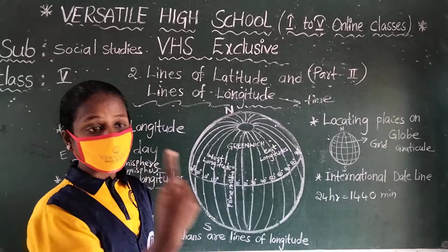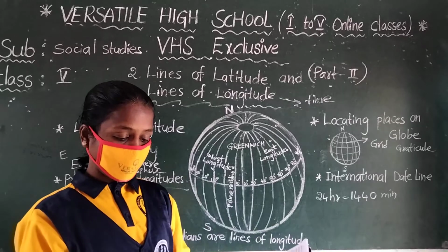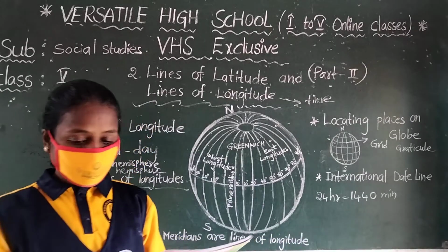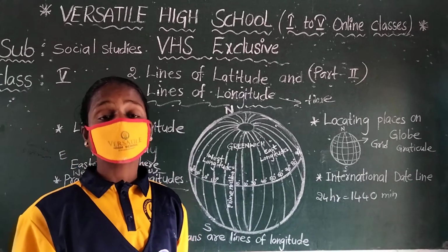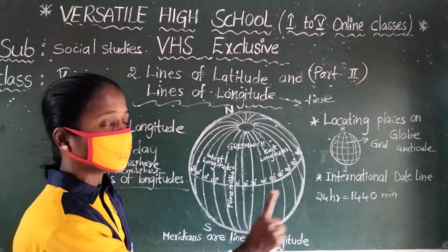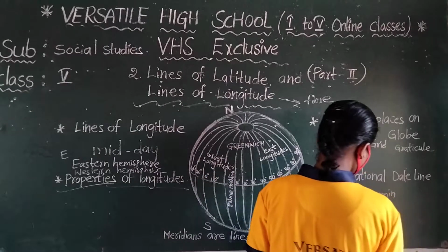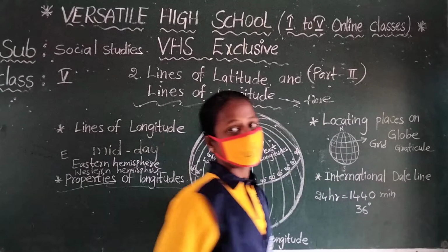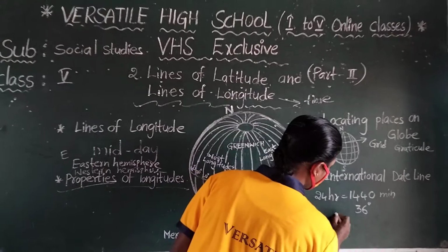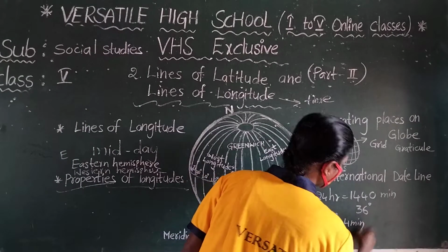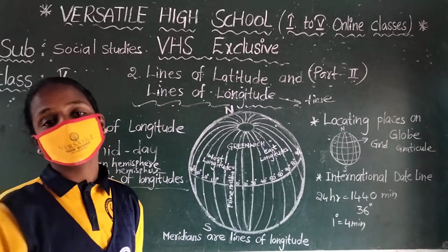One complete rotation takes 360 degrees. One complete rotation takes how many degrees? 360 degrees. And 1 degree will be covered in 4 minutes. Here 1 degree is equal to how many minutes? 4 minutes. That means in 4 minutes the earth completes only 1 degree.